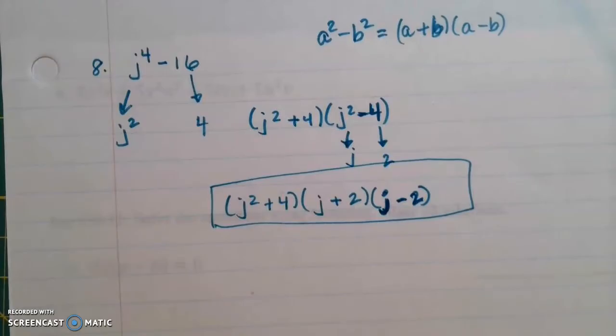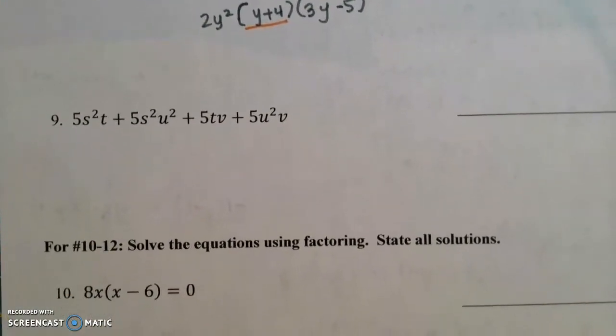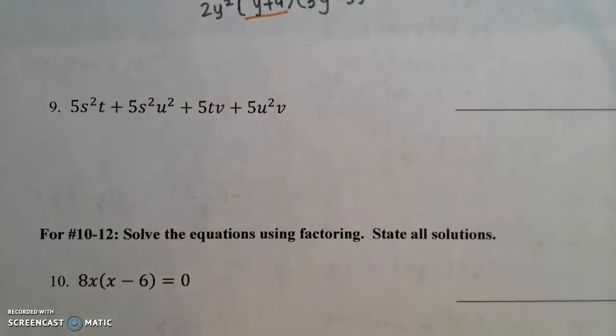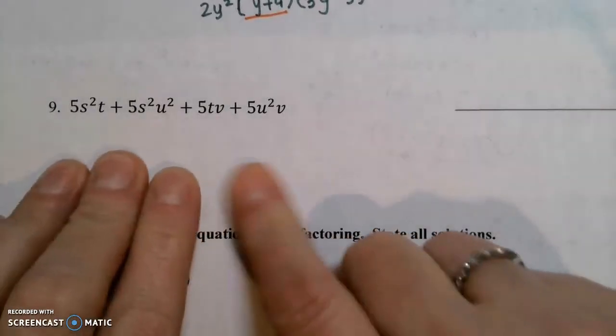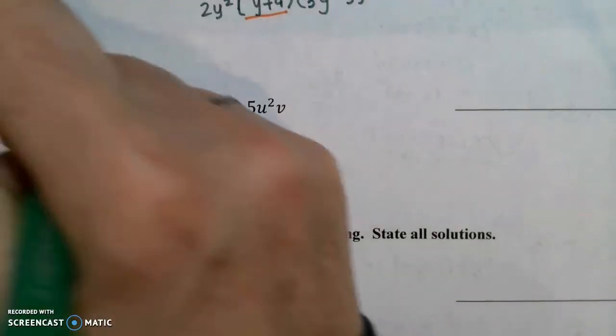All right, so looking then at number 9, when we have lots of different variables happening here, like this one, we've got S, T, U, and V, it really doesn't make a huge difference about looking at the descending order. That's really more if we're looking at the trinomials and the binomials, those 2 and 3 term special situations. I do still want to look for that GCF first thing. So there is a common 5 throughout this.